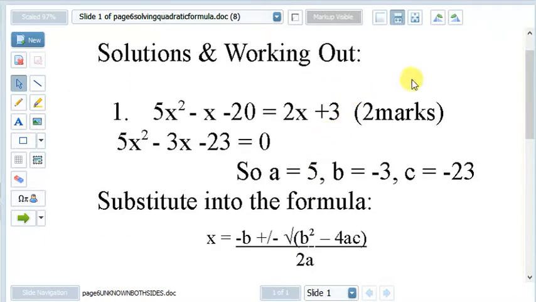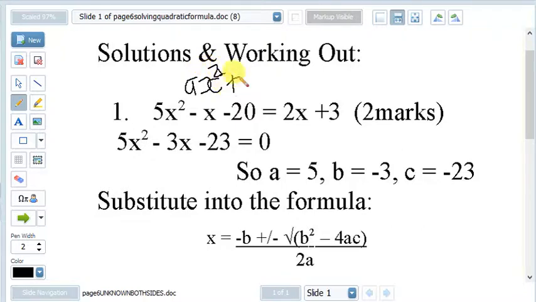Now this one here is slightly more tricky, there's an extra step here. Okay, so what we've got is 5x squared minus x minus 20 equals 2x plus 3. So a quadratic, the ax squared plus bx plus c, has to equal 0 for us to use the formula.